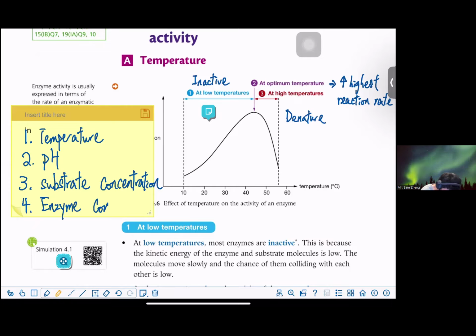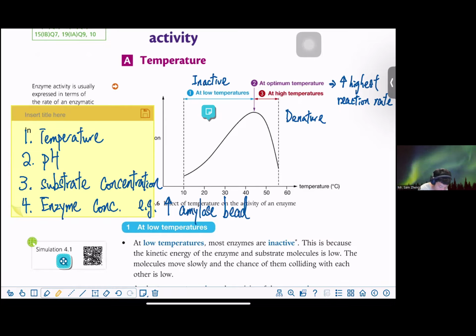If there is a very high enzyme concentration, this will also increase the enzymatic activities. For example, if you still remember from the lab, there is an increase in the amylase speed. So if there is a high amount of amylase speed, it shall have a faster or quicker enzymatic reaction.